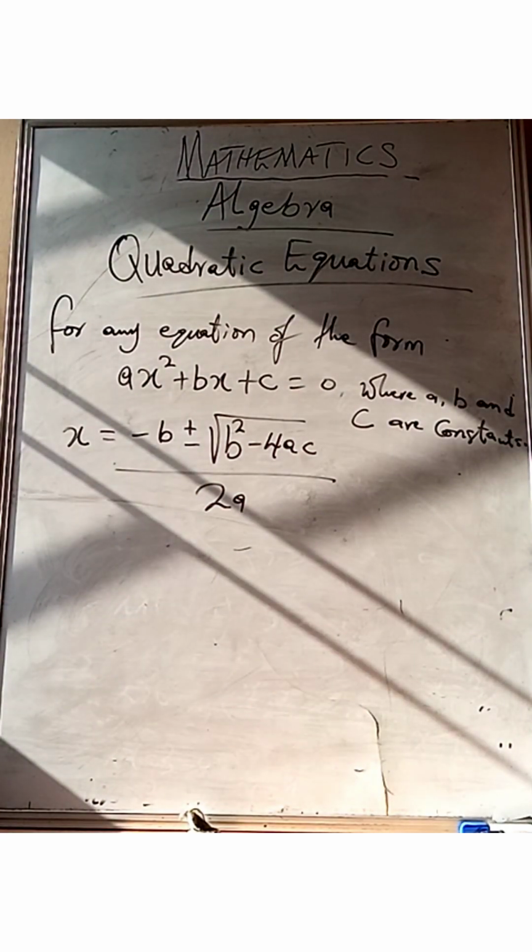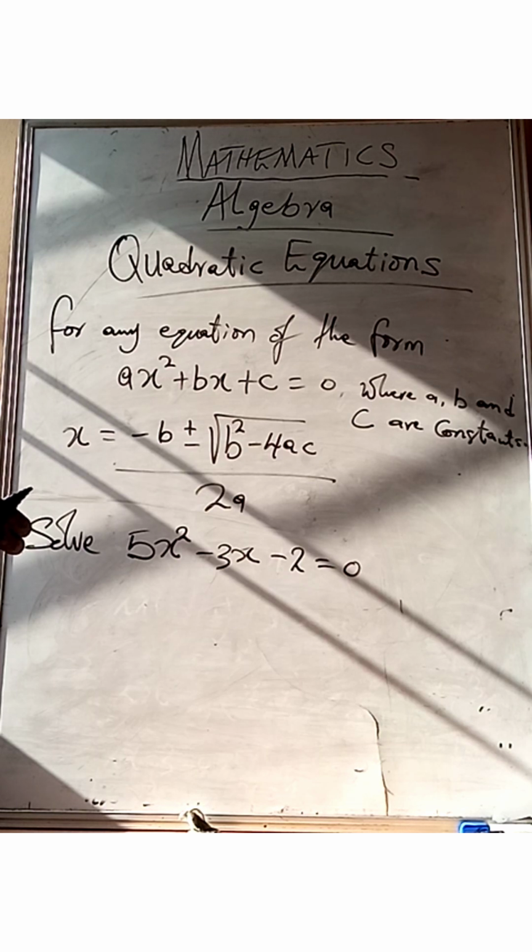Now the good thing about this formula, as well as the completing the square method, is that even if the quadratic equation is not going to have a real solution, in other words, if it is going to turn out to have a complex solution, the formula will still work. At the end of the day, it will just not make sense as a real answer. Okay?